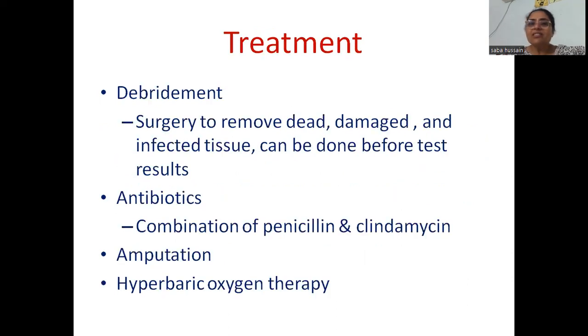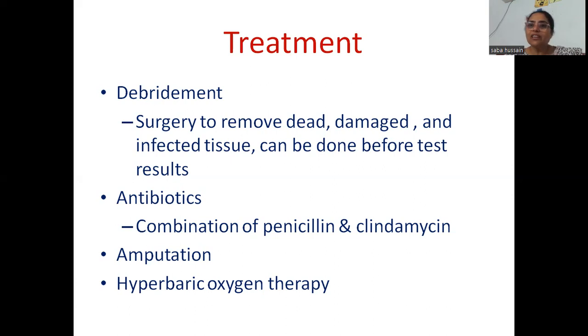What are the treatments? Treatment is debridement, that is you can remove dead or damaged tissue, and send it for diagnosis. This debridement can be done before the lab diagnosis, so that the gas does not keep on moving and the bacteria multiply quickly, thus infecting all around the body.